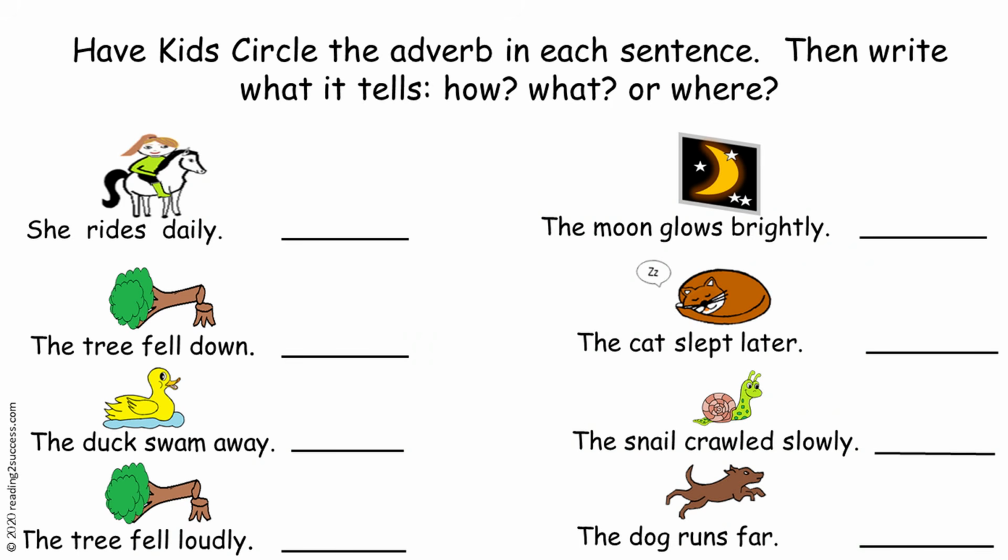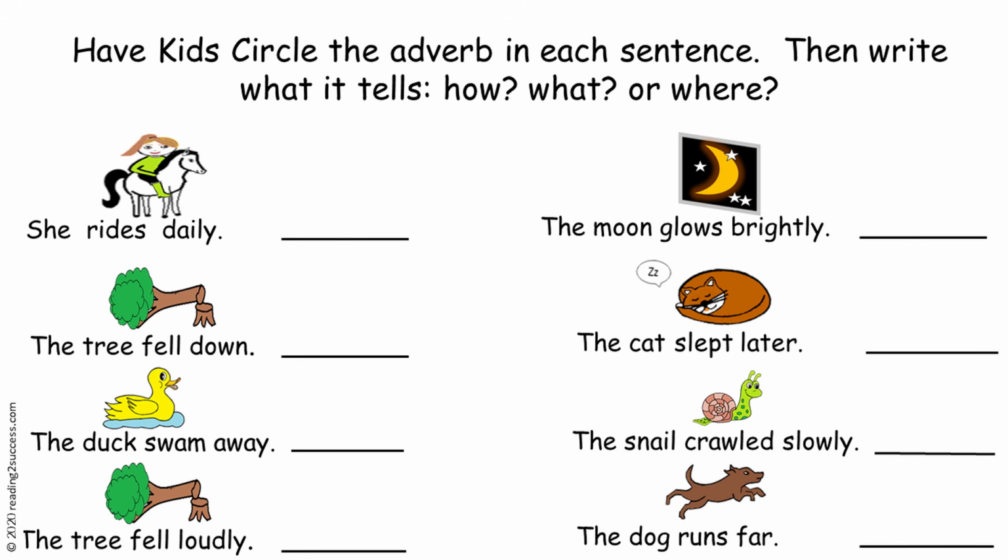The tree fell loudly. Loudly is the adverb, and it tells us how. The moon glows brightly. Brightly is the adverb, and it tells us how. The cat slept later. Later is the adverb, and it tells us when.